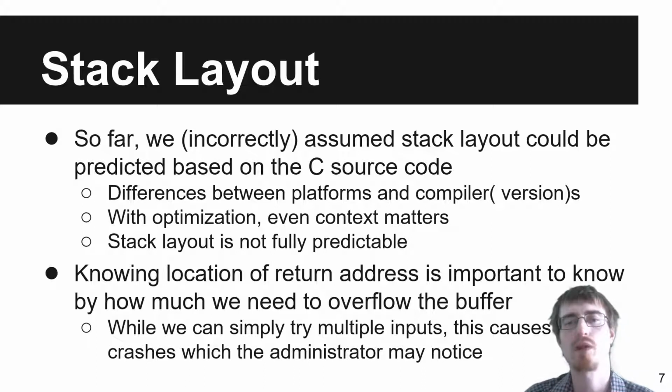It depends on the platform as well as the compiler and potentially even the compiler version. Moreover, if optimization is enabled, even the context matters. So the compiler might decide, for example, whether or not it wants to use the base pointer, which changes the layout of the stack frame. So, the stack layout cannot be fully predicted from the C code.